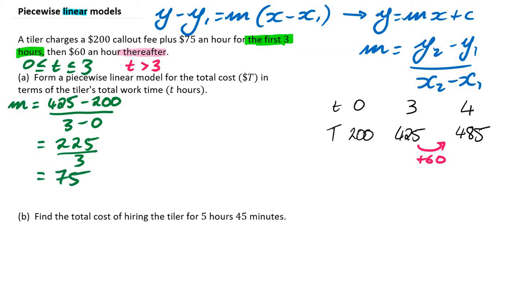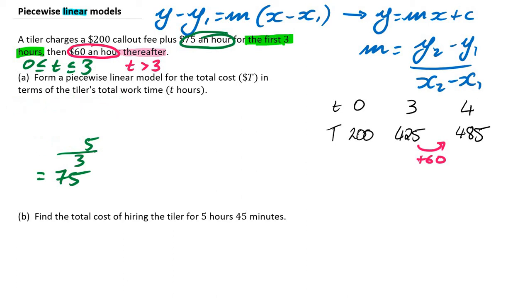It's 75. So this is the gradient for the first section. We don't actually need to do that calculation for the second section. The gradient is $60 an hour. So you could do the calculation, but interpret the information in the question. If you see an hour, per hour, every hour, that implies a rate of change.